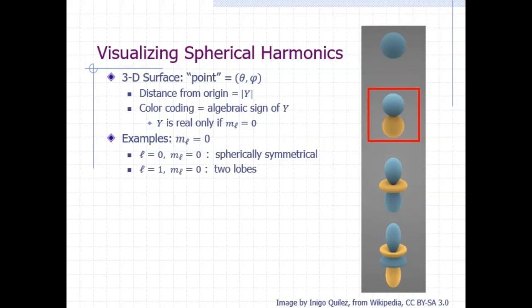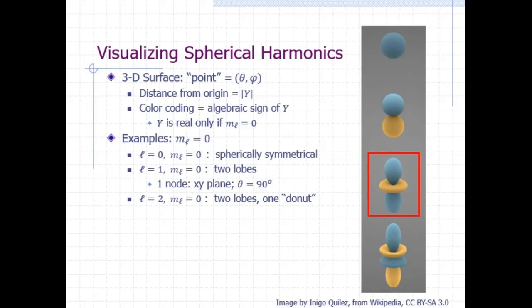This suggests that the function has one node between the two lobes. In fact, this node is the xy plane, which corresponds to all locations with theta equals 90 degrees. For L equal to 2, the plot shows two lobes and something that looks like a donut between the two lobes. The color coding suggests that there are two nodes.